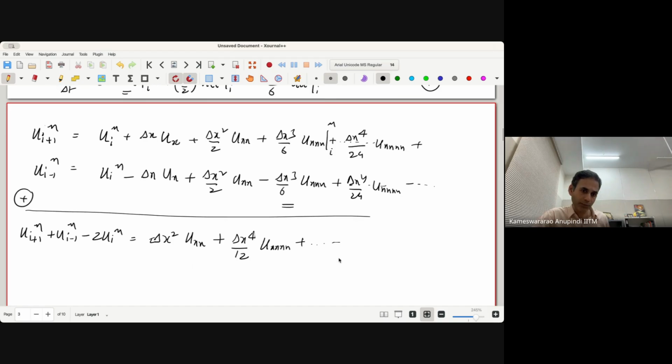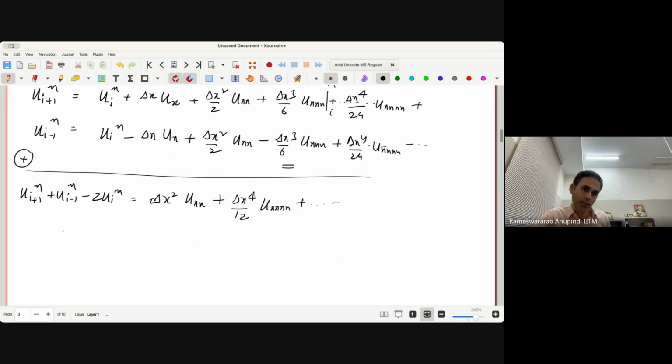So what is this? This is basically u_{i+1} minus 2 u_i plus u_{i-1}, all at the nth time level, divided by delta x squared, which is going to be u_xx plus delta x squared by 12 times u_xxxx, right?